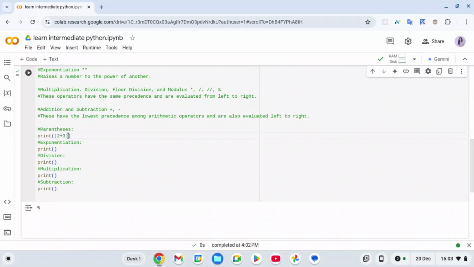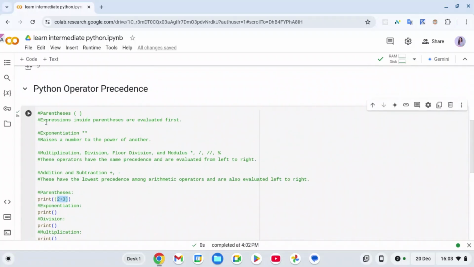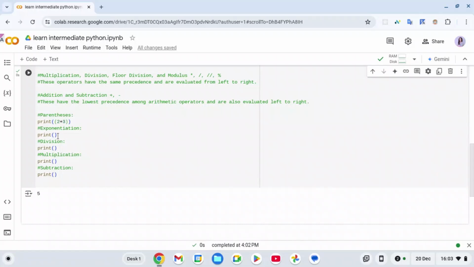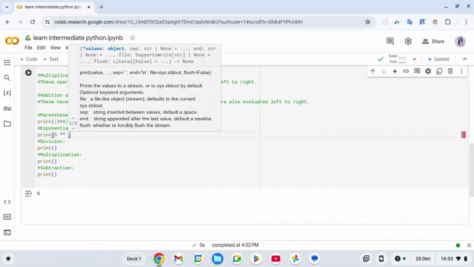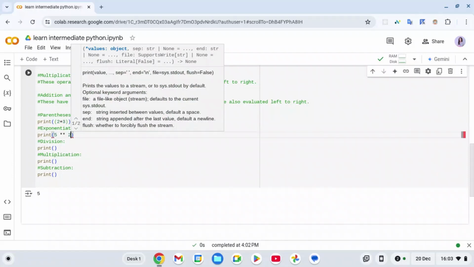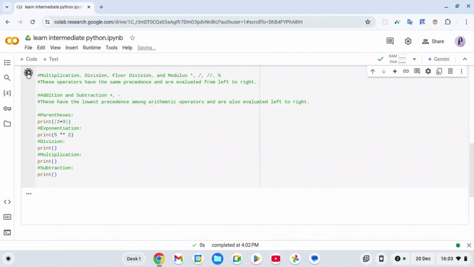The reason why I put it in brackets is that I just want to teach you, if you don't know this, if there's a bracket, we need to do the bracket first, since it's first in the order. And then moving on to exponentiation, we do 5 star star, which is power, to 2, and then we get 25.